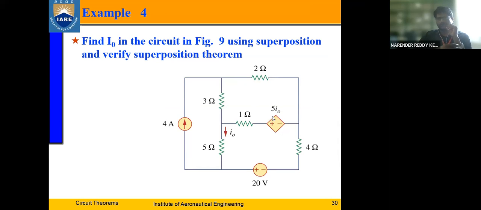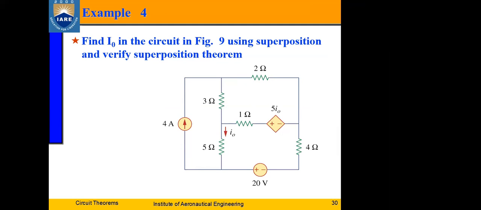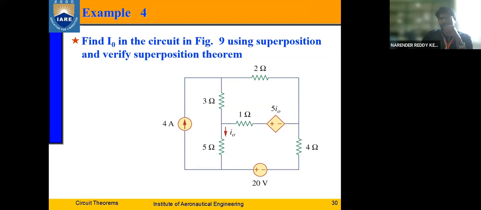So what has to be done when you have a dependent source? You just keep it in the circuit as it is and follow the procedure we follow for the rest of the circuits. We are bothered only about the independent voltage source or independent current source, but not the dependent sources.